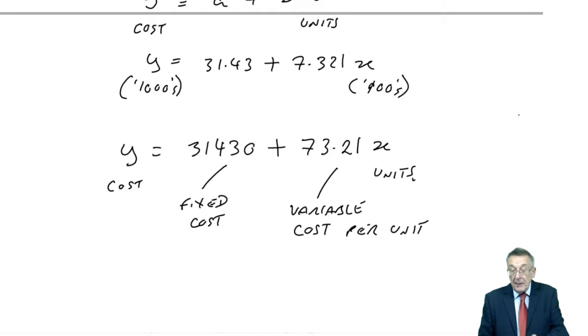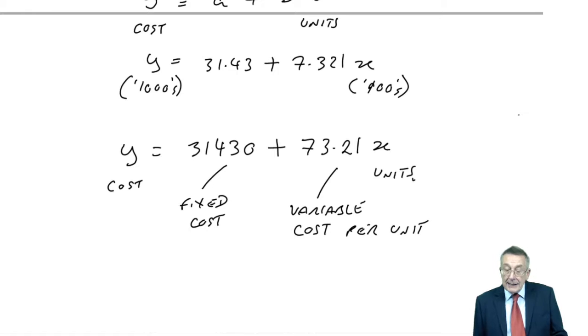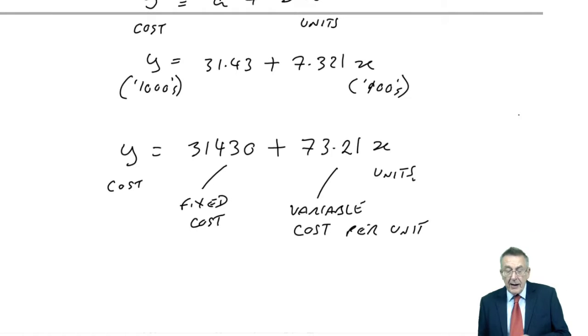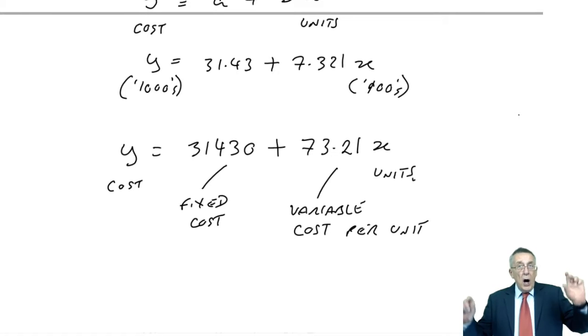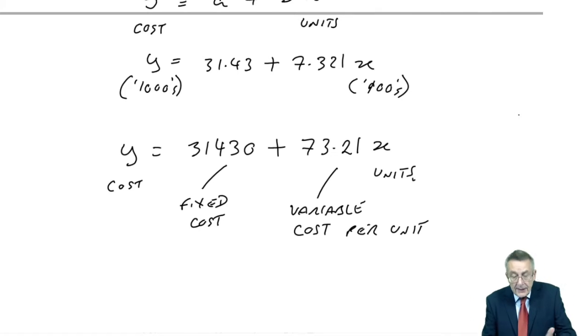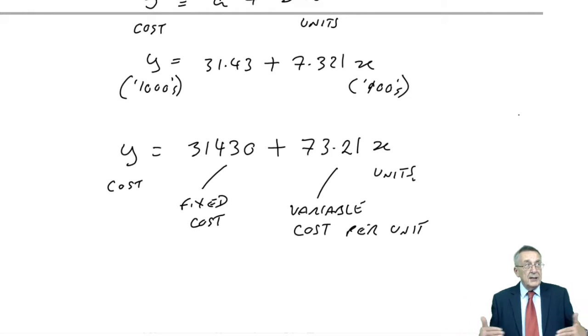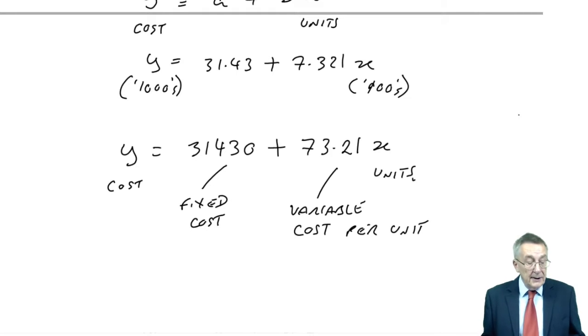I can't look back because I've changed the screen. When we did high-low, we did get an answer a bit different. I have a feeling the variable cost was 75, not 73. But of course, they will be different. I said from the very beginning, high-low only looks at the two extremes. This is a more accurate approach, a better approach. We've looked at all the values. And so I wouldn't expect to get exactly the same figures.